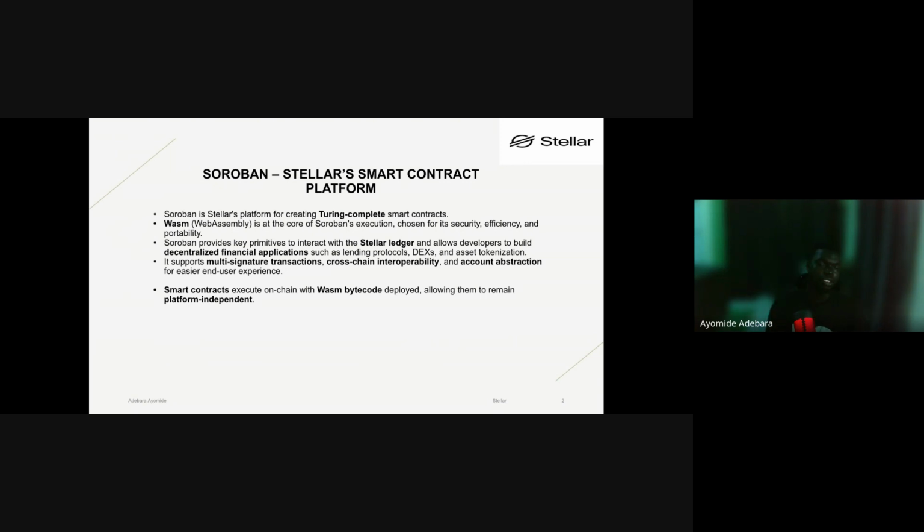It didn't just stop there. We also saw that the SOROBAN smart contract supports things like multi-sig transactions, cross-chain interoperability, and even account abstraction. As for account abstraction, I mentioned that this is going to be a class on its own where I make a deep dive into account abstraction.